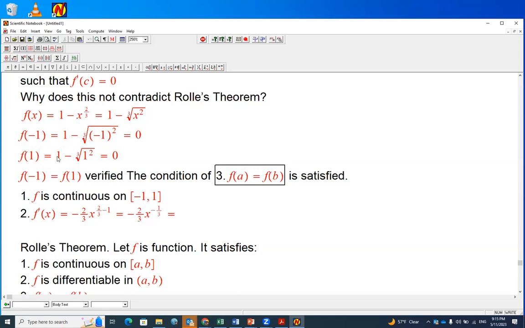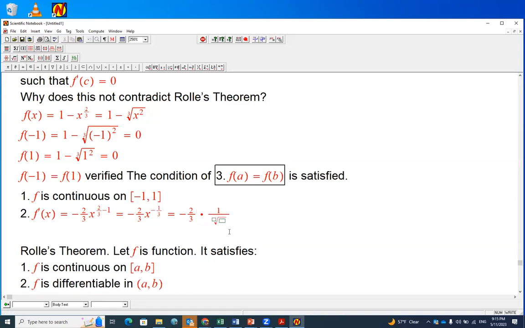And what function is this? If we write it in a familiar form, it's negative 2/3 times 1 over the cubic root of x.